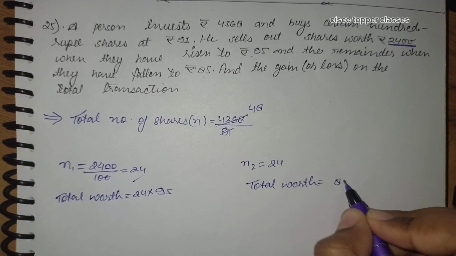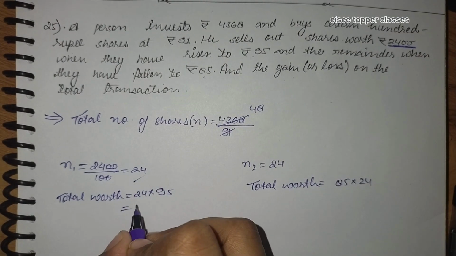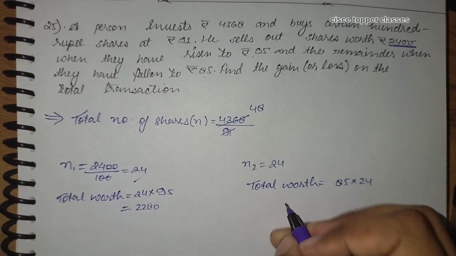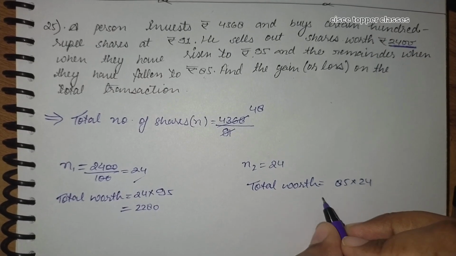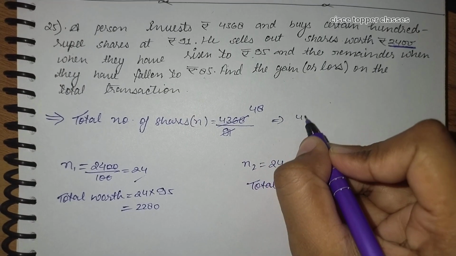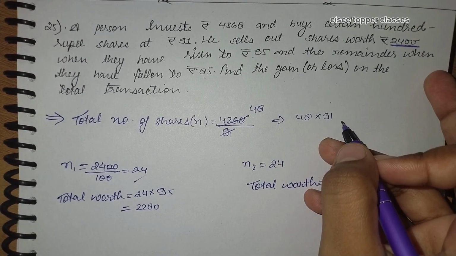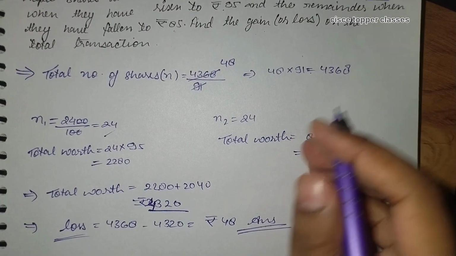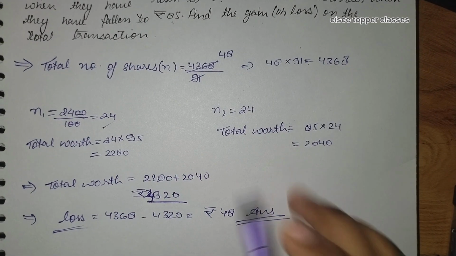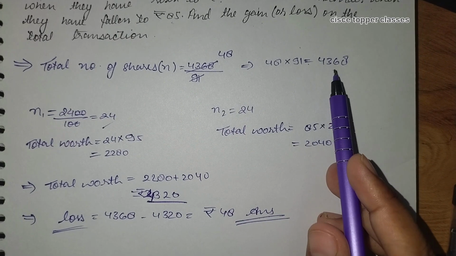On solving, 24 into 95 will be 2280, and 24 into 85 will be 2040. On adding, and also if we multiply 48 with the market value, 48 into 91, we will get 4368. The total worth on selling the shares will be 4320, meaning we are getting a loss compared to the investment.